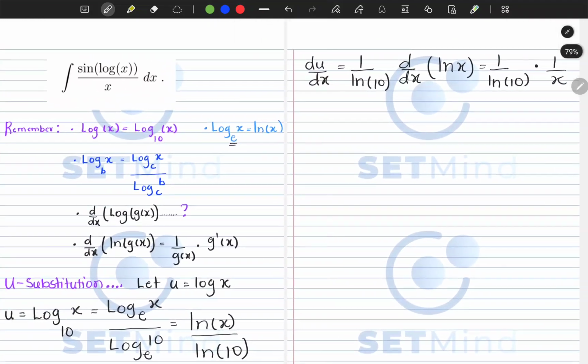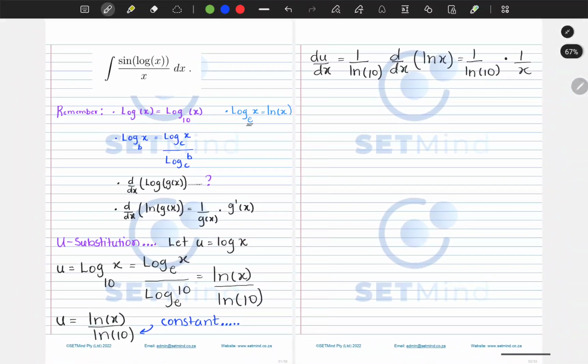Okay, and if you observe carefully, you can now set your du to be the subject. So you'll have du equaling 1 over ln of 10 times 1 over x and then dx.